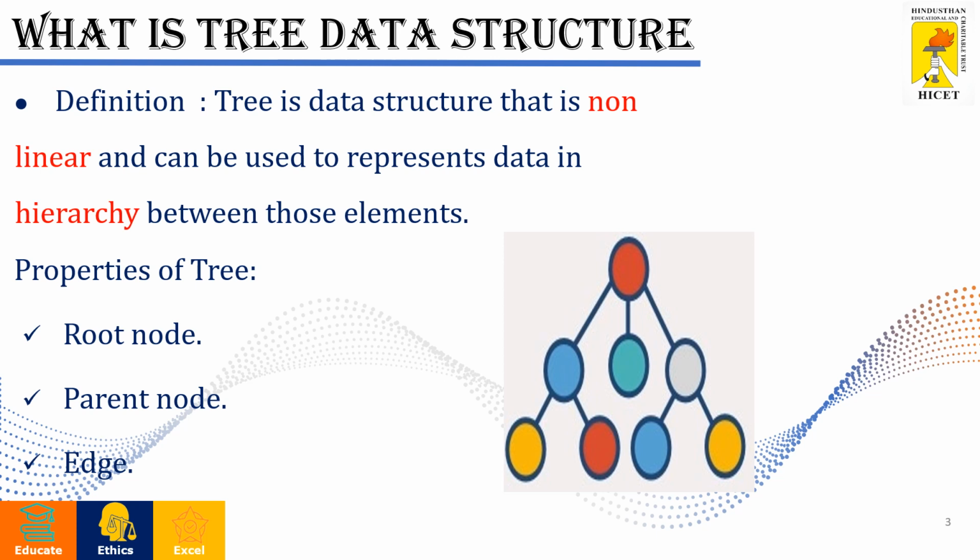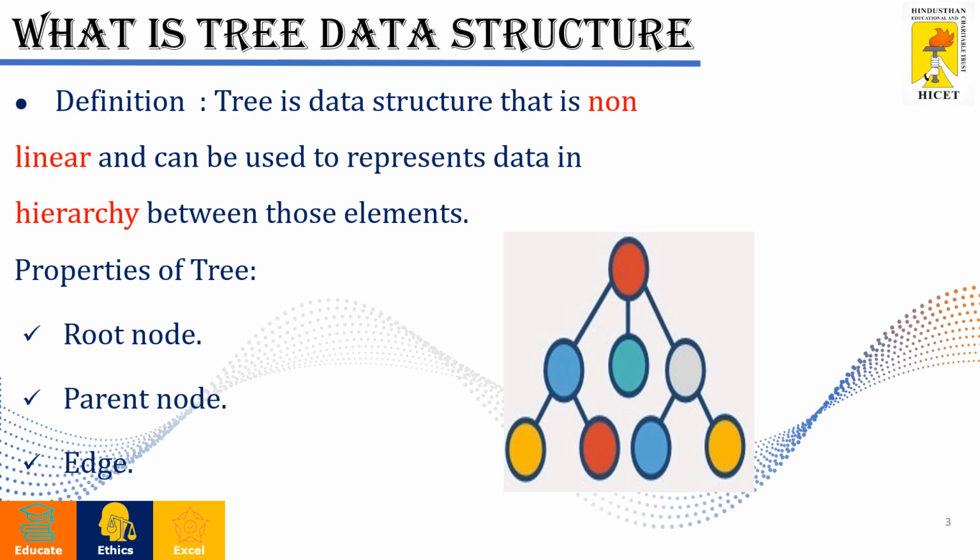In the family tree, we will have our great grandparents, then we'll have our grandparents, then we'll have parents, then we'll have children, and then we'll have grandchildren. So these are represented using level. So the family tree can be considered as an example for representing data structure in a hierarchical manner.